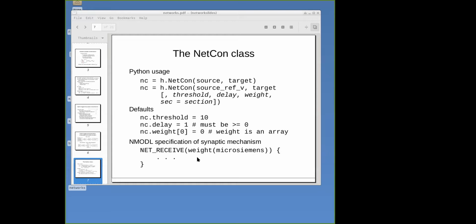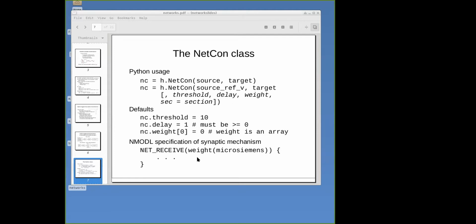All right. Yes. So I'd like to clarify just a little bit about that second syntax on netcon. Yep. So in the first case, that source, you could think of as being what we'll call an artificial spiking cell, like an integrate-and-fire thing or a netstim or anything like that. Well, we haven't introduced those yet. I know, but that's the only case where the first case applies.